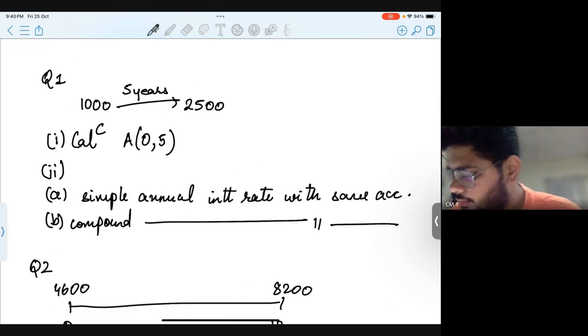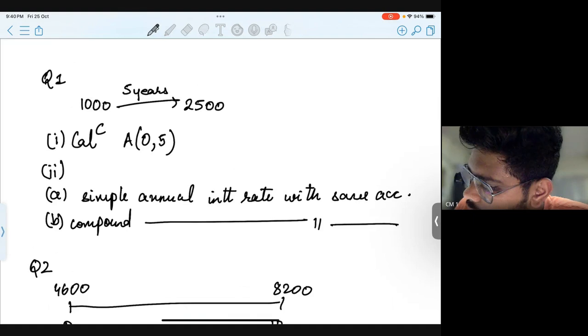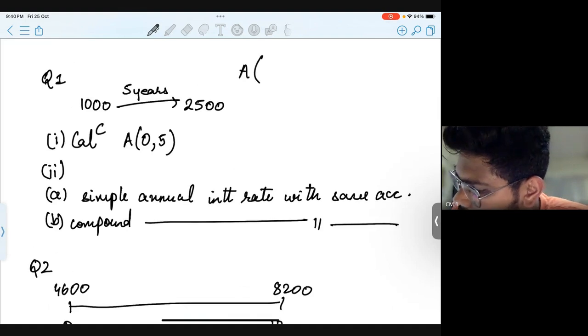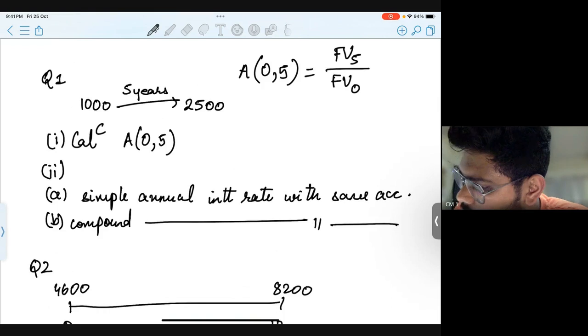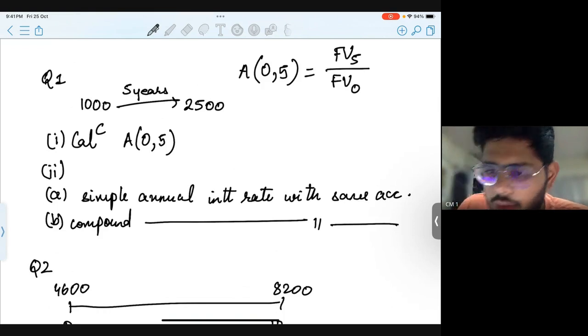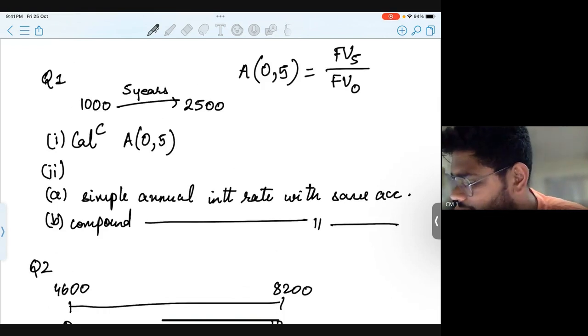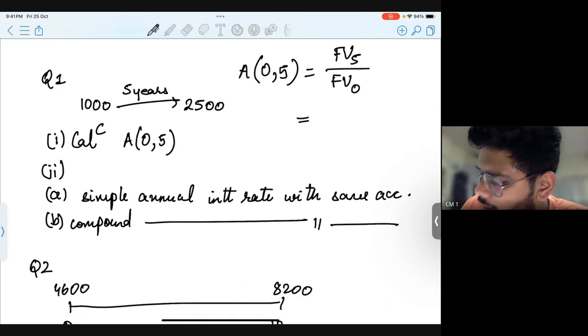All right. Sure. The accumulation factor from 0 to 5 is calculated by taking the fund value at time 5 upon the fund value at time 0. This can be written in multiple variables, but I'll write it as fund value at time 5 and fund value at time 0. What is the fund value at time 5? It is 2500.